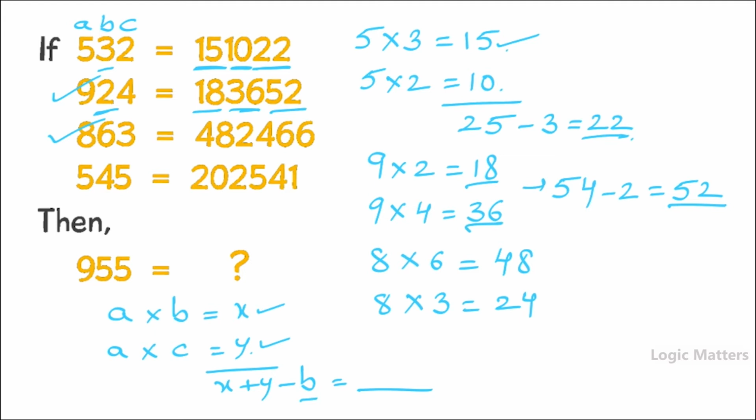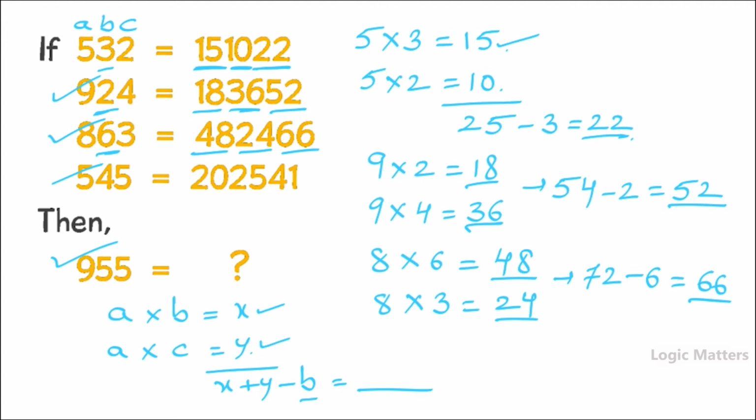Now 48 plus 24 is 72, and 72 minus 6 is 66. So you got 48 here, 24 here, and 66 is 66. So you can do it for 545. I will directly jump into 955 to get the answer.